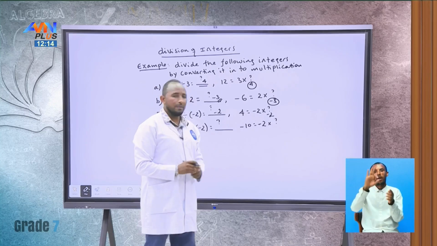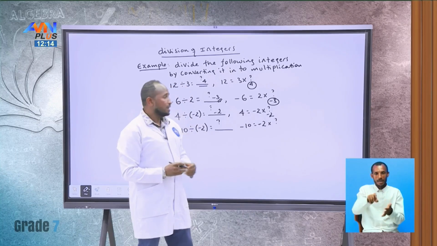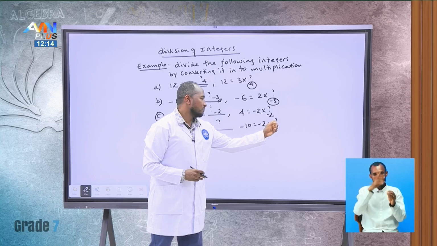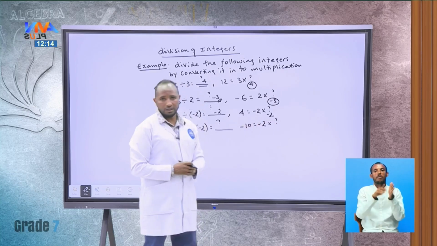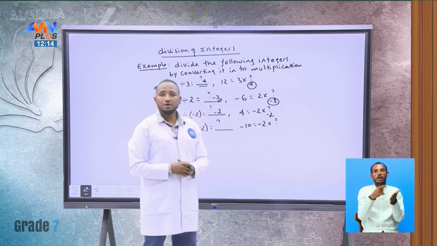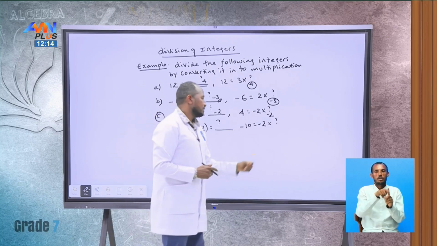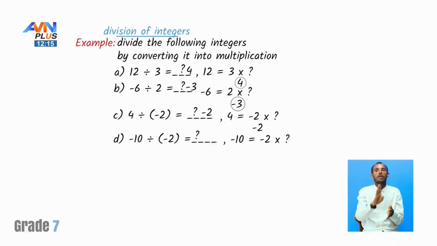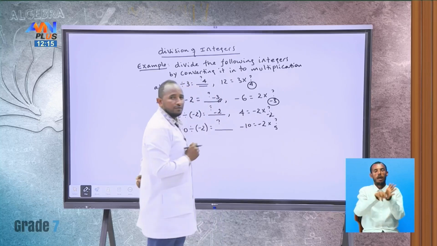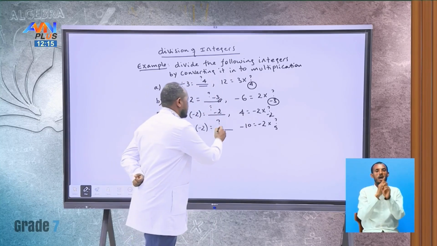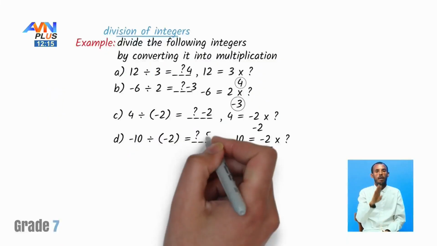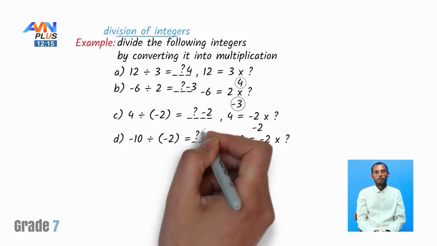To get a negative number, it must be positive, because the product of positive and negative gives you negative. Therefore, the number here must be positive, and it must be positive 5. 5 times negative 2 gives us negative 10. Therefore, the answer will be this 5.